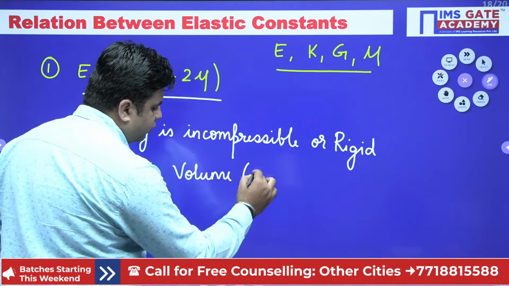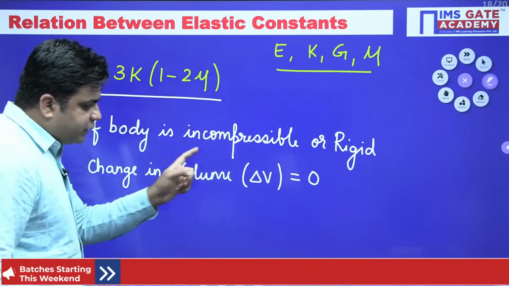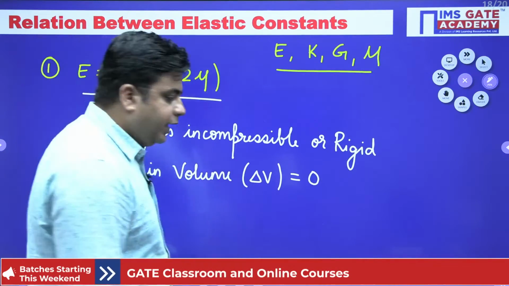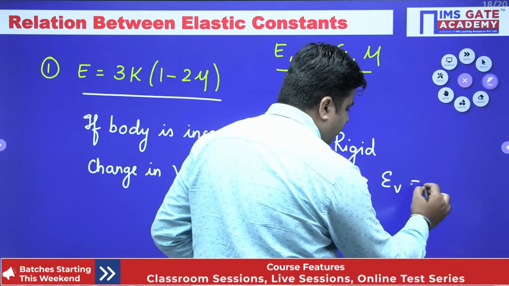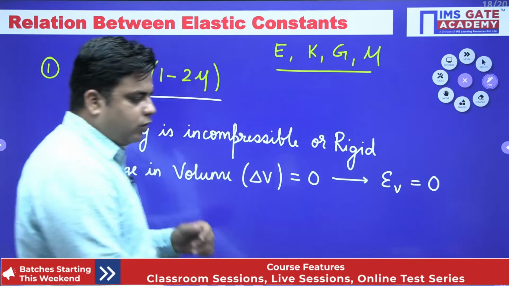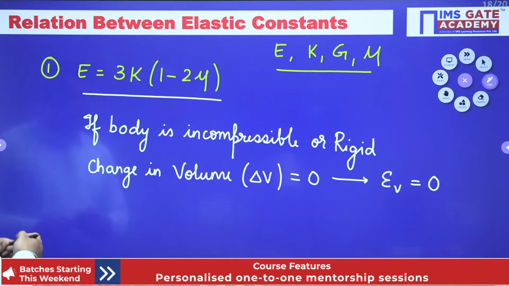Change in volume, delta V, is zero. If change in volume is zero, it means that your volumetric strain epsilon V will also be equal to zero. So change in volume is zero, so your volumetric strain is also zero.